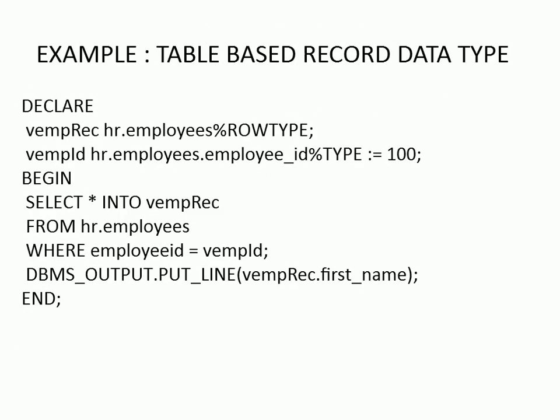In this example, we are declaring a record variable of type employees table, and we are also declaring a variable of type employee_id column in the employees table and assigning a value 100, initializing it.